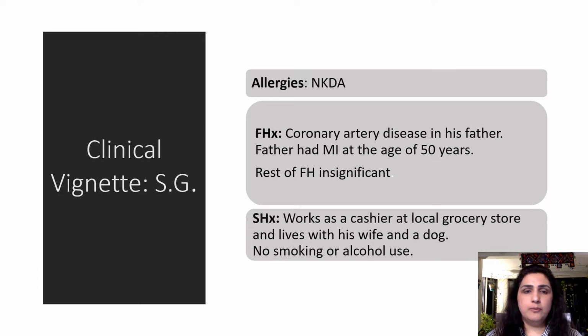He had no known drug allergies, and regarding his family history, only coronary artery disease was positive in his family, and his father had an MI at the age of 50 years old. The rest of the family history was insignificant. Regarding the social history, he works as a cashier at a local grocery store, and he lives with his wife and a dog, and he denies using alcohol or smoking.